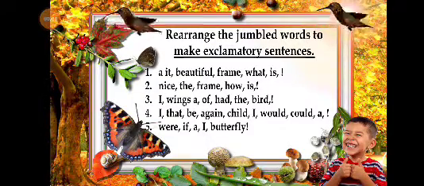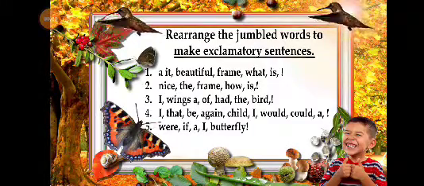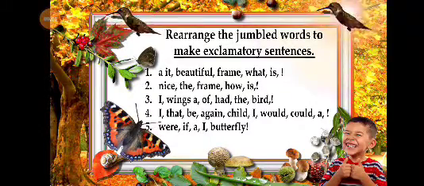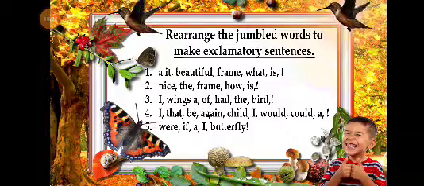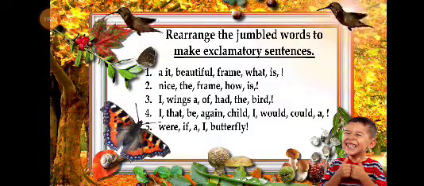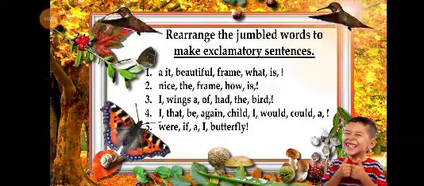Actually, it's not possible to be a bird, but we can wish. So to wish an impossible thing or desire, we use such exclamatory sentence. Now number 4, would that I could be a child again.